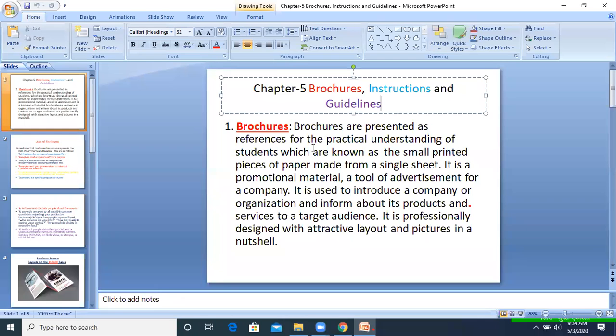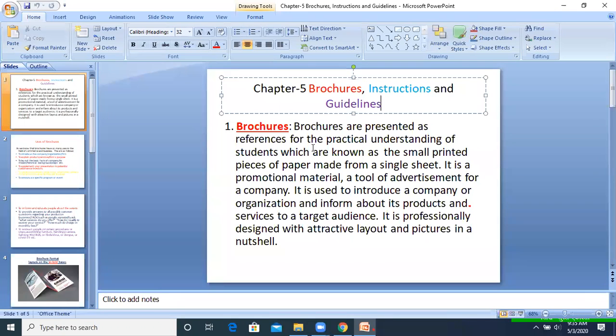So today we are going to talk about the brochure in detail, though it was discussed in the previous class. The brochures are presented as a reference for the practical understanding of students, which are known as small printed pieces of paper made from a single sheet.